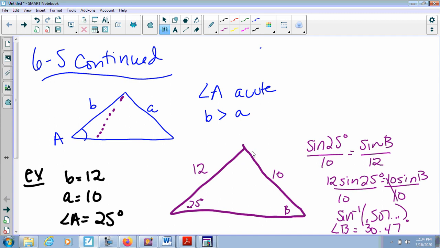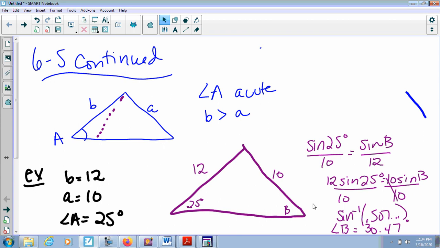That would be like if instead of giving us 10, they gave us 4 in this section. There's no way that 25 degrees, when that draws all the way out, would hit the 4, because that's stuck right there. If it didn't make it when you do it in the calculator, it's not going to make it. You'd have no triangles at all. So that's your first test. I always test that first.